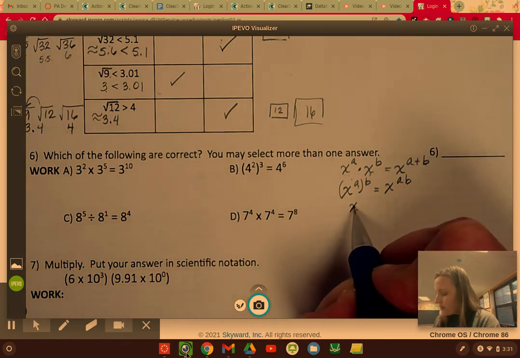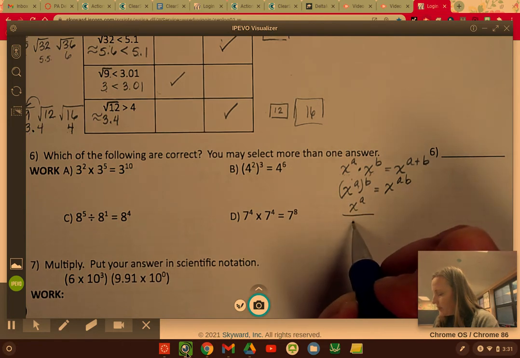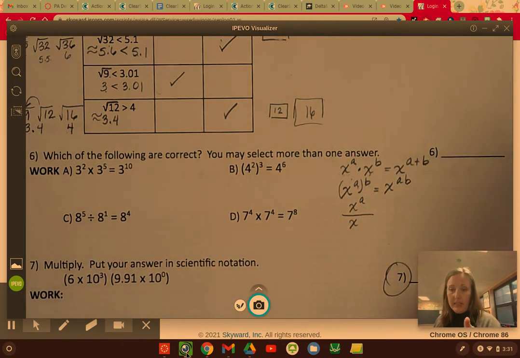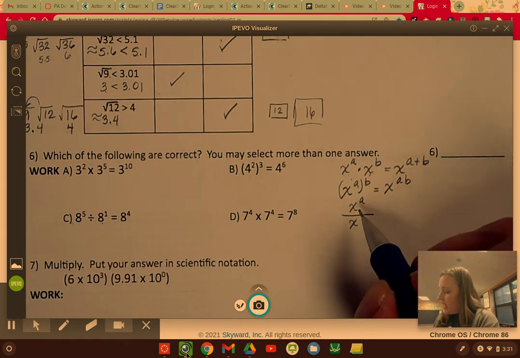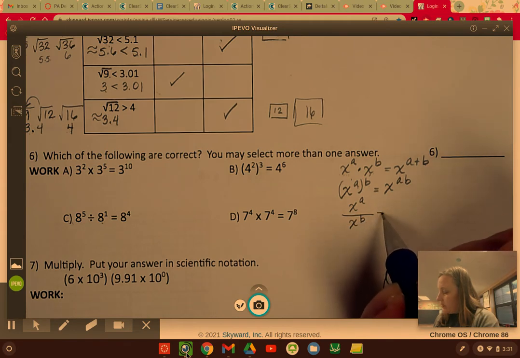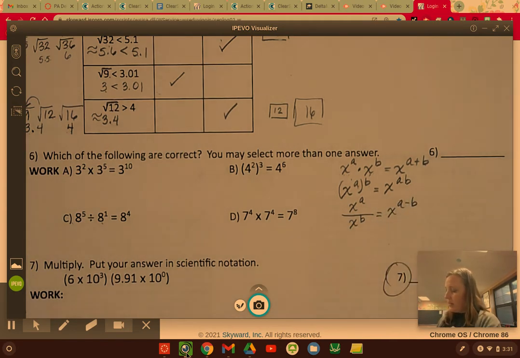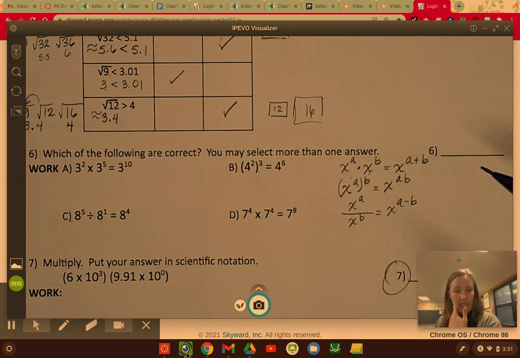This monomial, base raised to an exponent divided by the same base. It has to be the same base. The rule says I'm going to subtract the exponents, but I have to do it in the order that it's given to me.